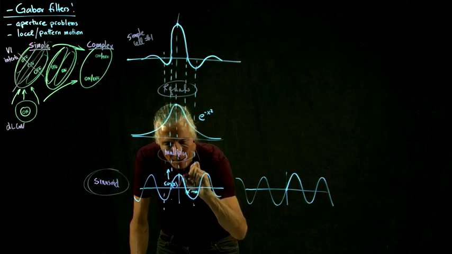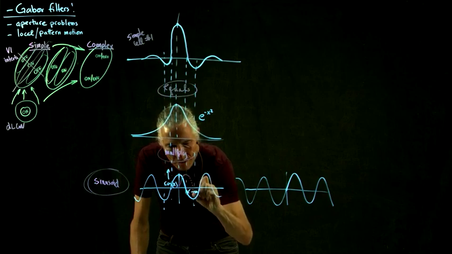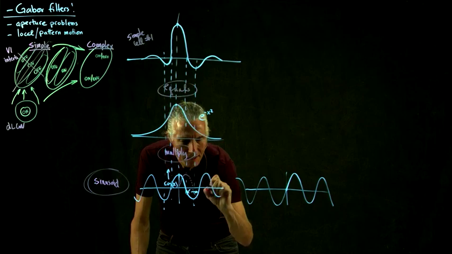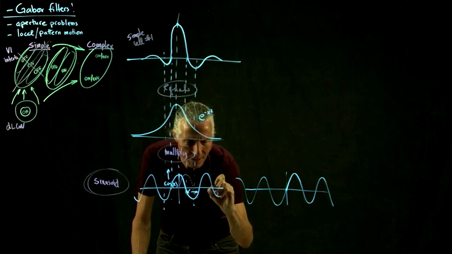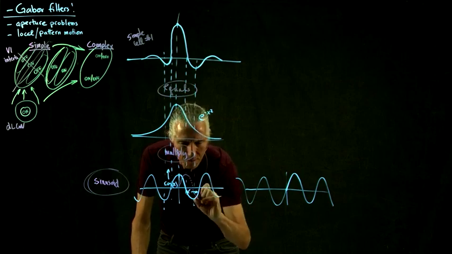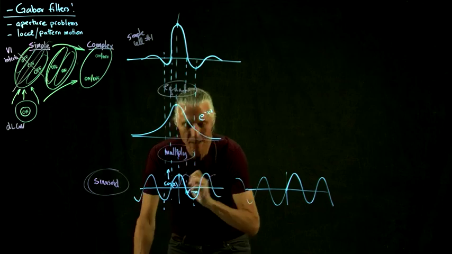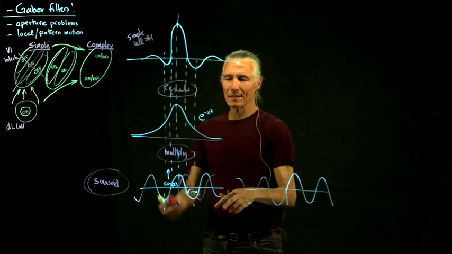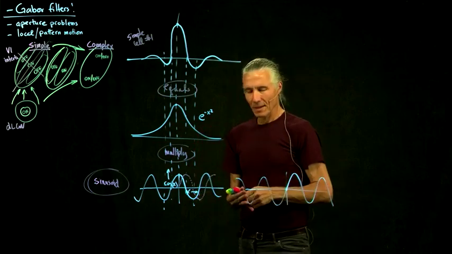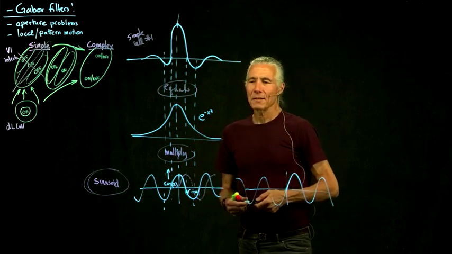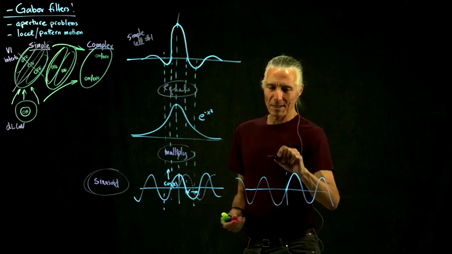So it would be going like this, and its peak would be right there, something like that. So it's the same as a cosine, just shifted over by a quarter of a cycle. And then we would multiply that by the Gaussian.